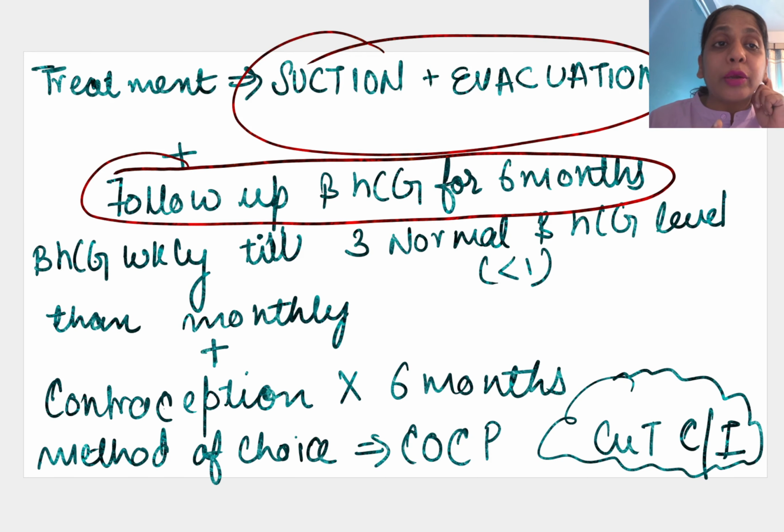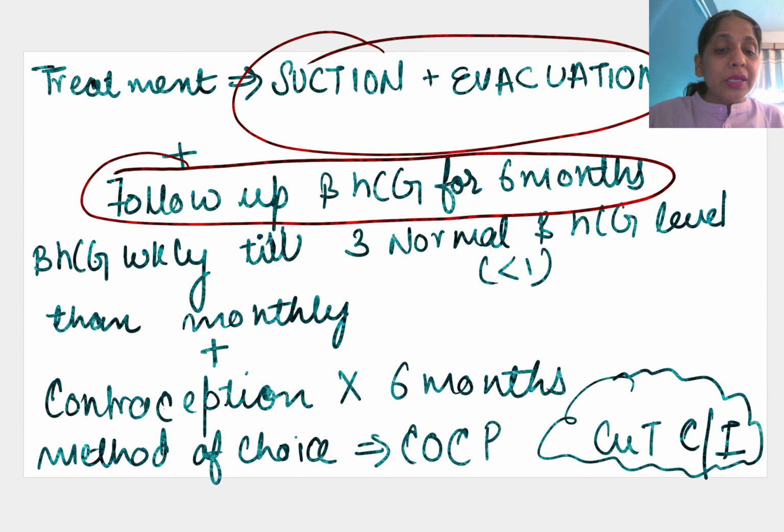There we do the indirect Coombs test, not hCG. hCG is done in molar pregnancy. So evacuation is important, and follow up of beta hCG is important to see whether that complete mole has changed into malignancy or not.